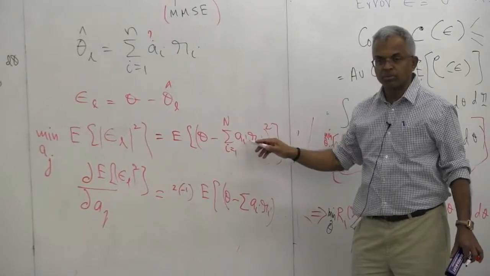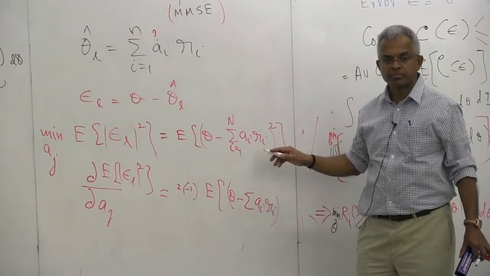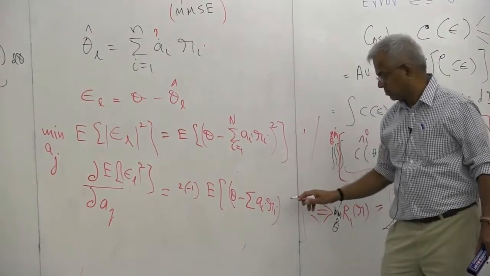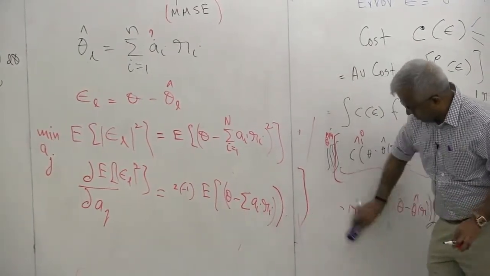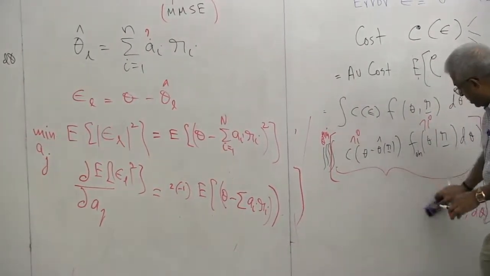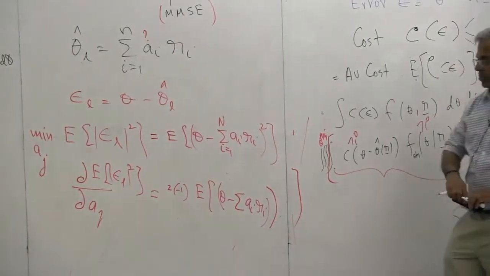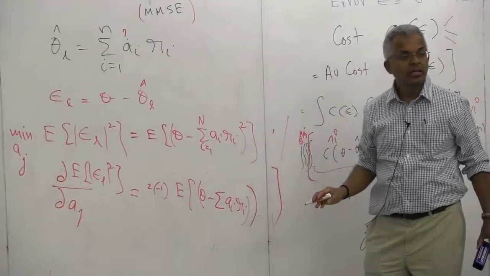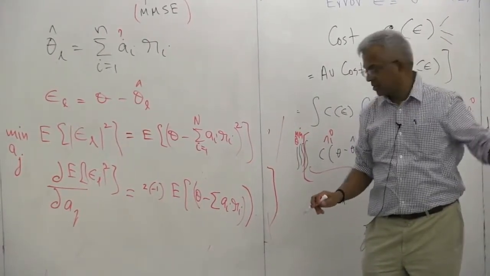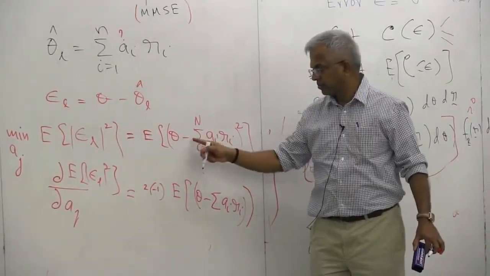So what is the multiplier for a_j? Something is missing, multiplied by, anybody? Minus already came outside, then how do you take the derivative of this? R? R, no, look at here.